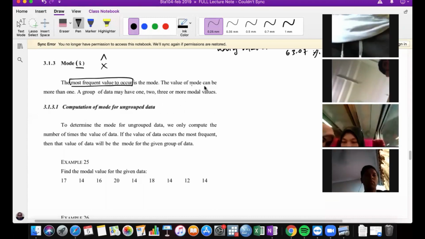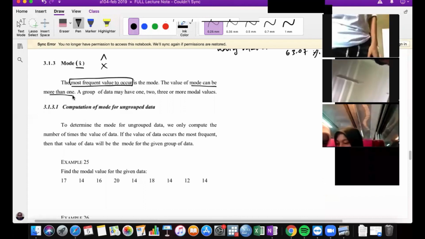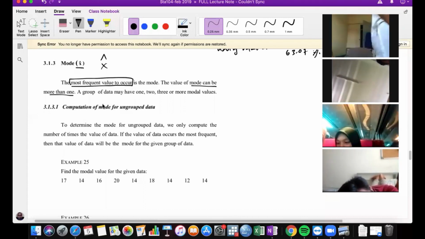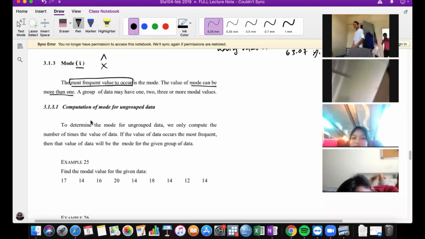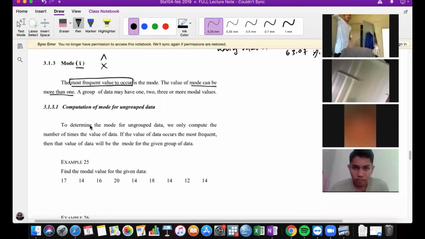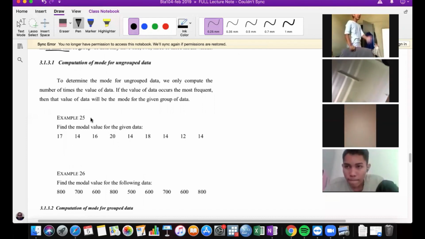The value of mode can be more than 1, right? So there can be 1, 2, 3 or more. So now we're going to calculate mode for grouped data and ungrouped data as well. All right. So now look at computation of mode for ungrouped data.